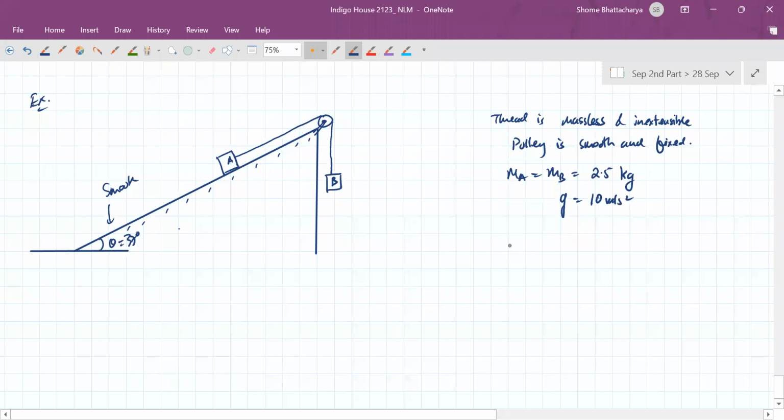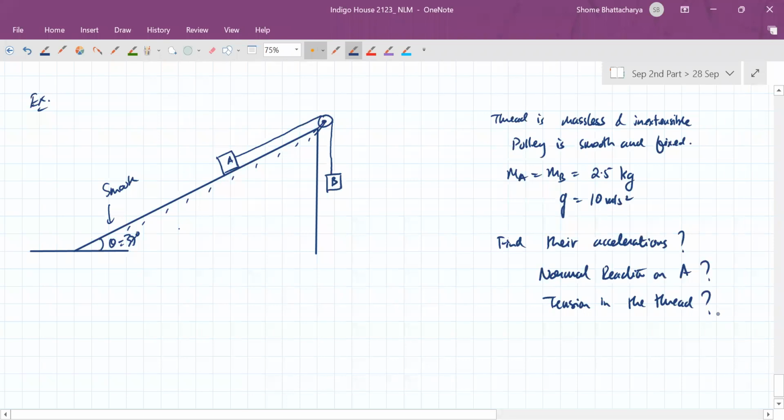So again, we have to find their accelerations. Then the normal reaction on the block A, and we have to also find the tension in the thread. Okay, so try to work this out quickly. The method is the same. You make the free body diagram of each of the blocks and solve the equations for net force is equal to mass into acceleration. For that, you will get these values.